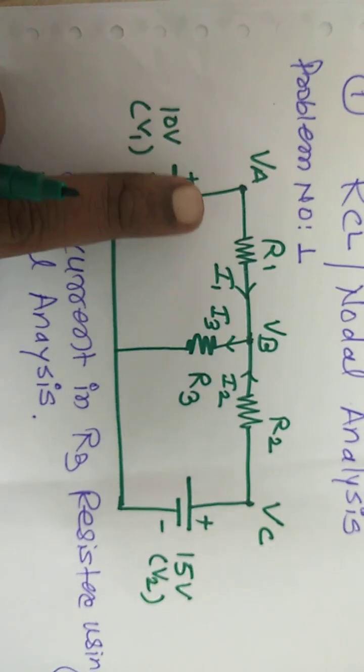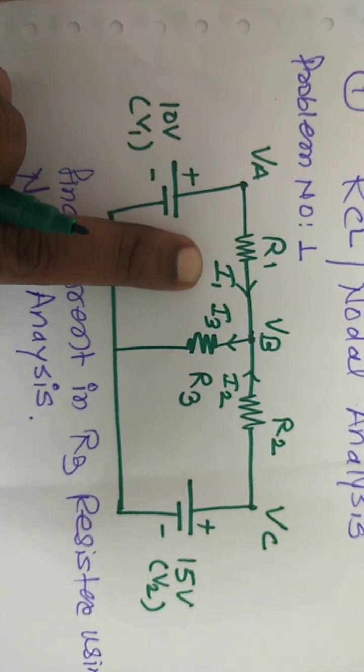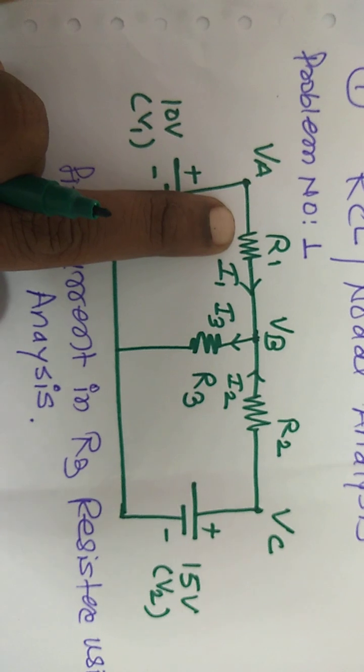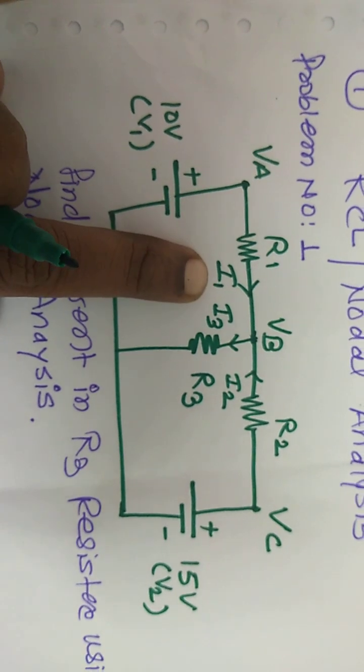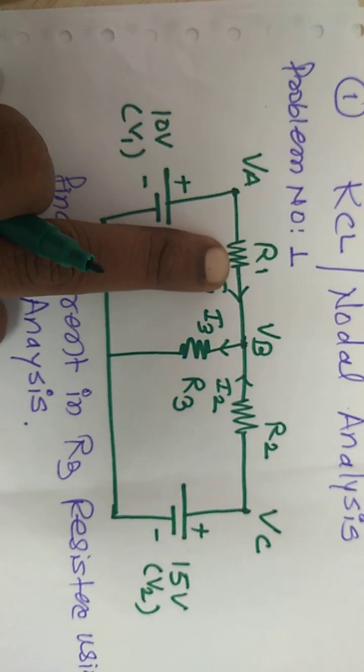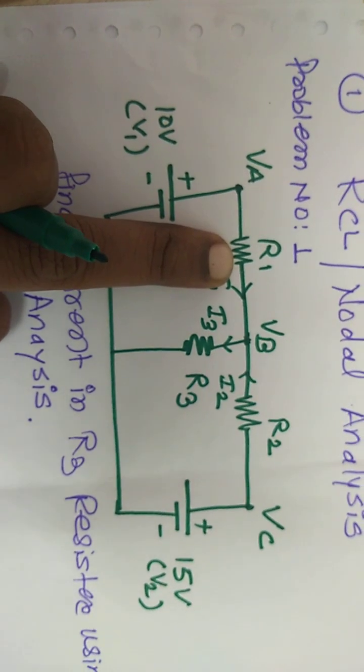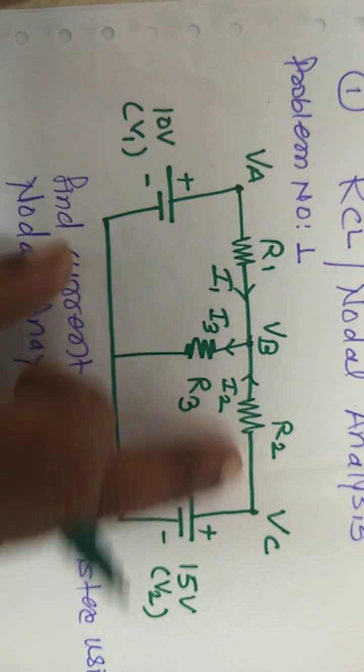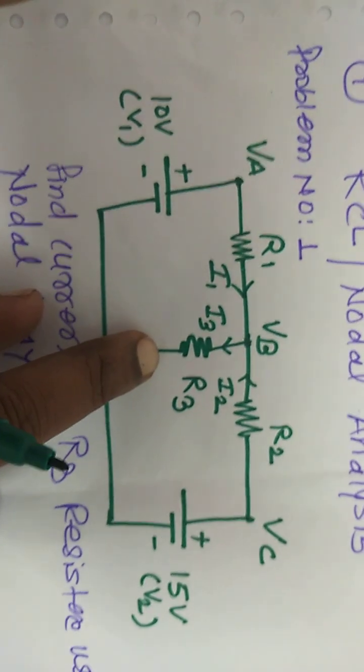If they ask to find out the current through R1, that is I1, then you have to take the node VA and the resistor combination. Means the preference of node will depend on which current we are going to find out.